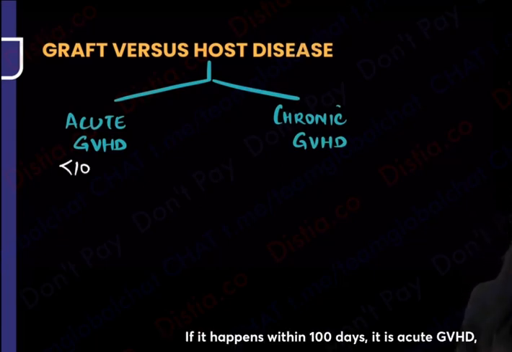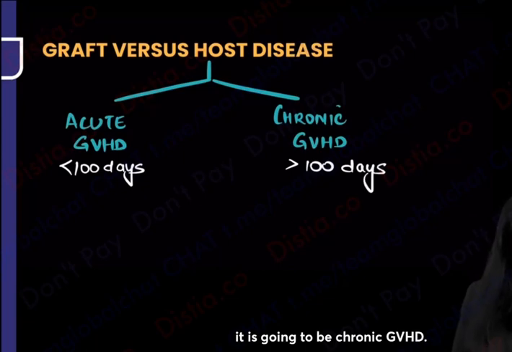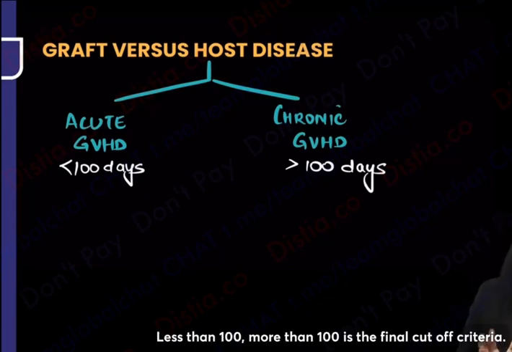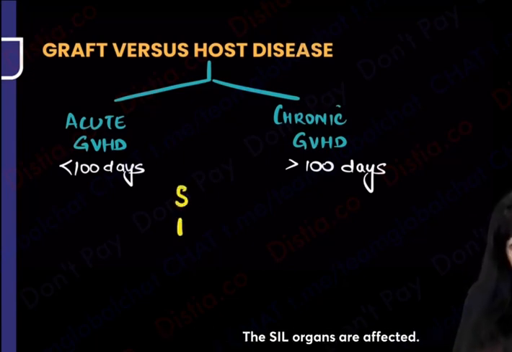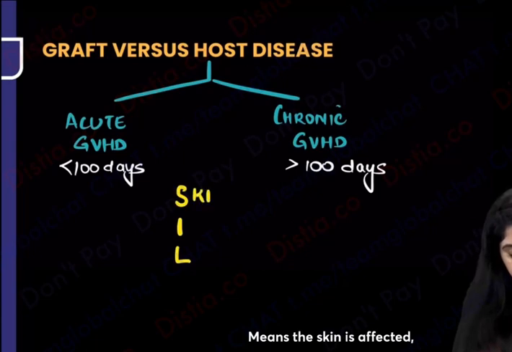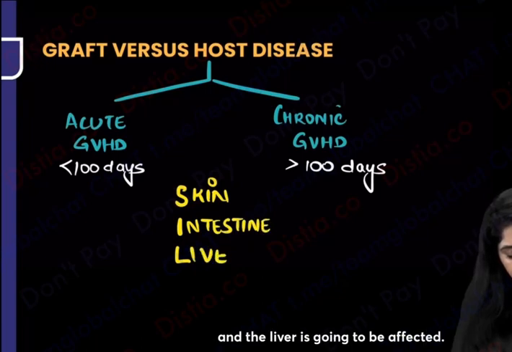If it happens within 100 days, it is acute GVHD. And if it occurs after 100 days, it is going to be chronic GVHD. Less than 100, more than 100 is the final cutoff criteria. And what is going to be affected? Three organs are affected: the skin is affected, the intestine of the recipient will be affected, and the liver is going to be affected.